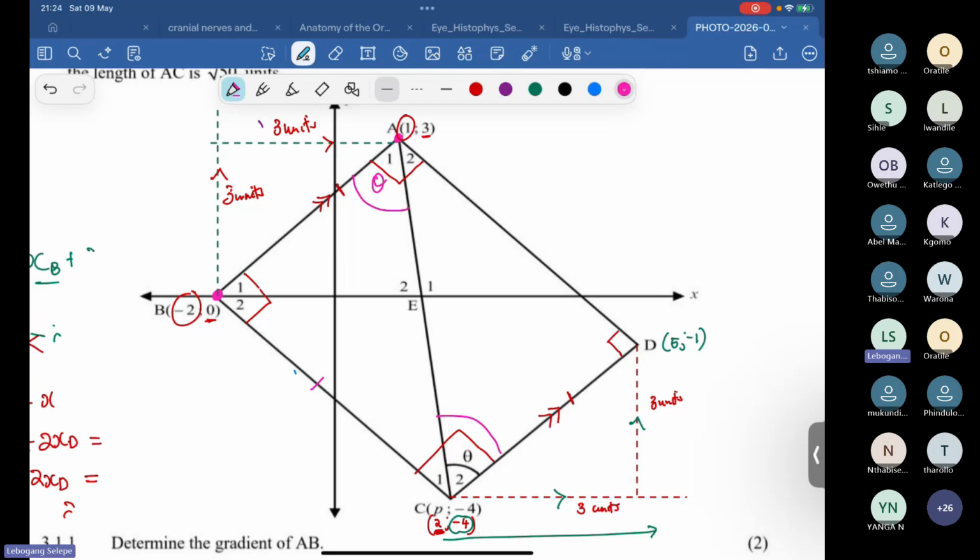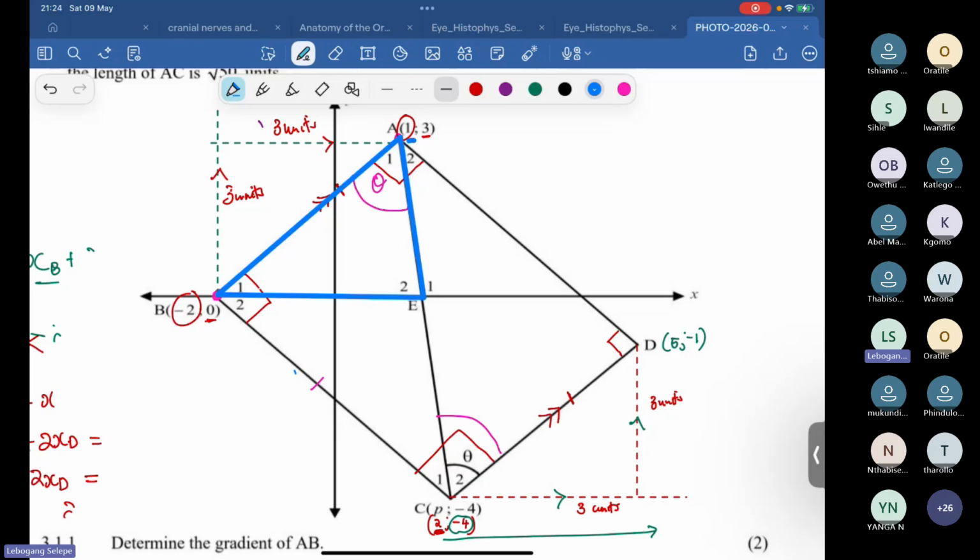These two are alternate angles, so that up there is also theta. And the rest, I'm sure, is clear. You can see triangle ABE. Let me just highlight it so that you can see this nice triangle right here. Having this triangle, we can use it to find the size of theta.